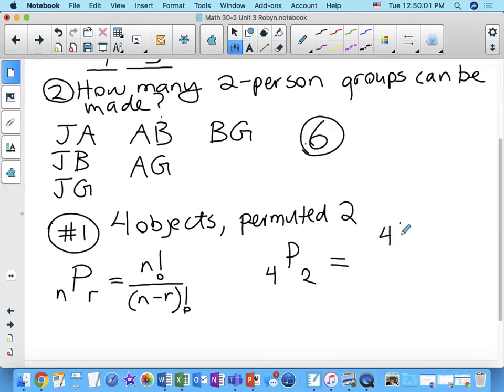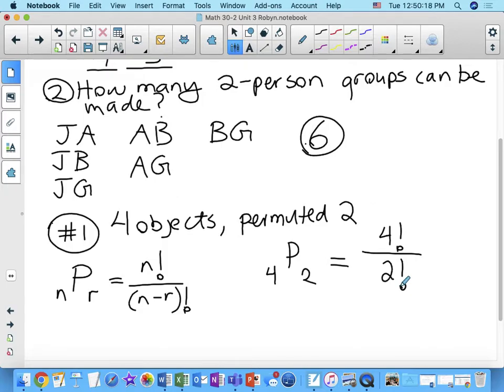So 4 factorial over, what's n minus r? 4 minus 2, and 4 minus 2 is 2. So 2 factorial.